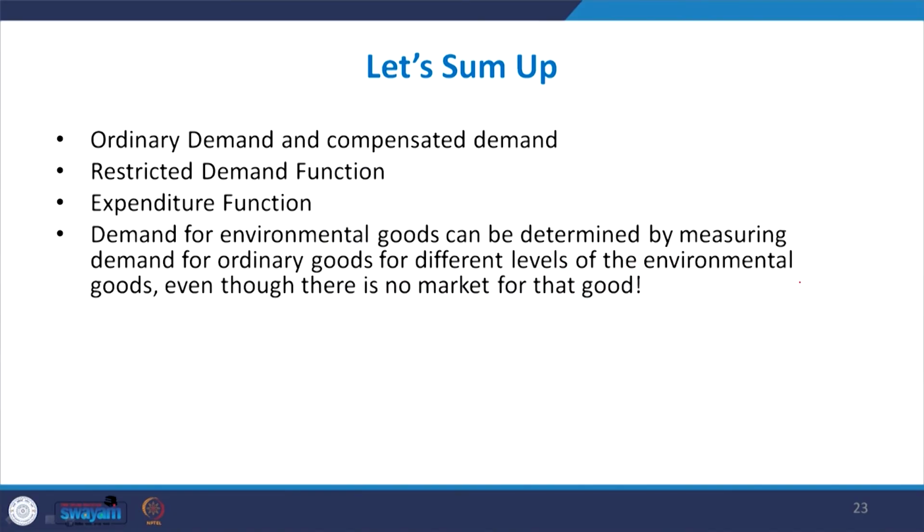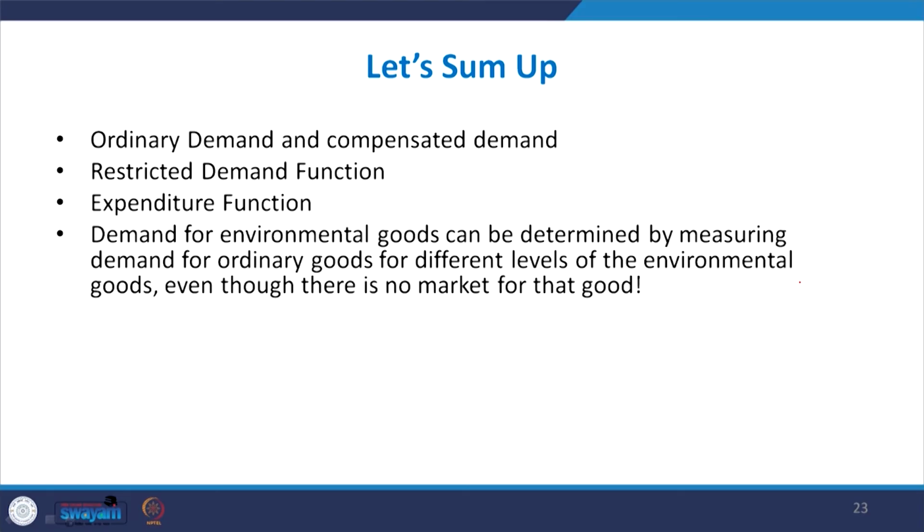Then, after explaining compensatory demand and ordinary demand, we used the concept of compensatory demand for further elaboration of demand for environmental goods, and we explained the restrictive demand function. It is called the restrictive demand function because in this case the quantity of environmental product is given, not the price of the product.